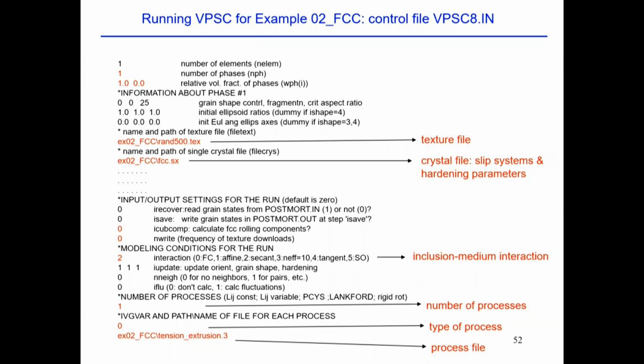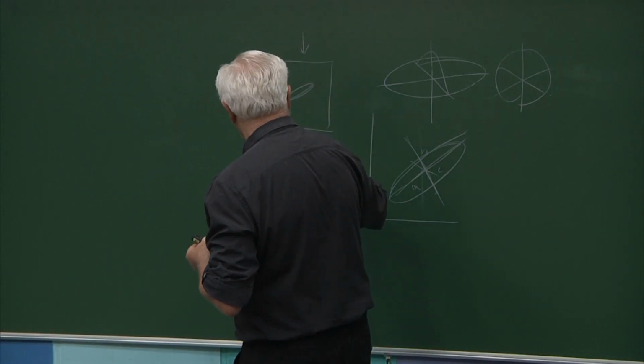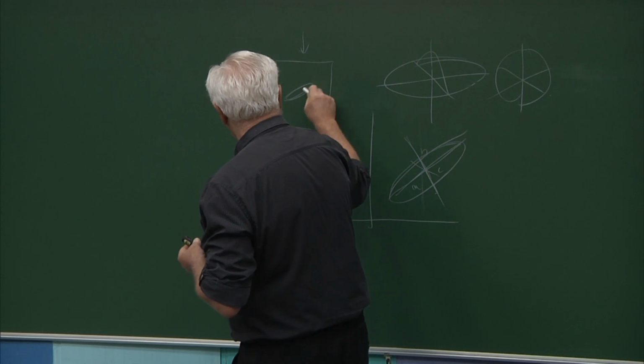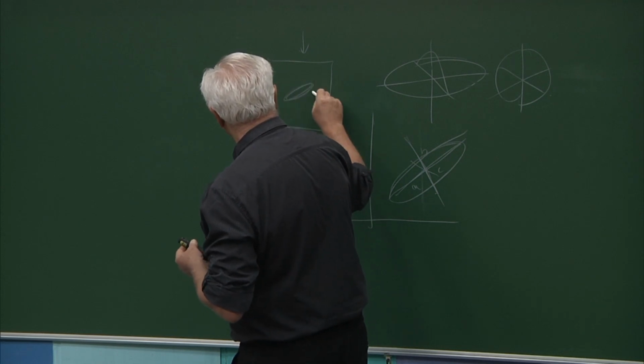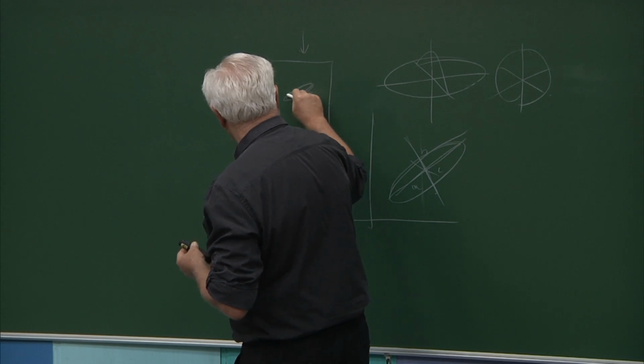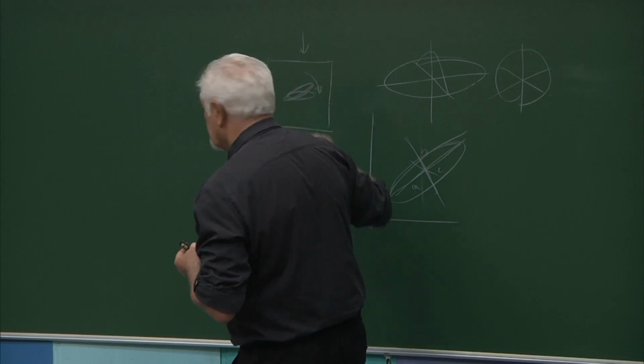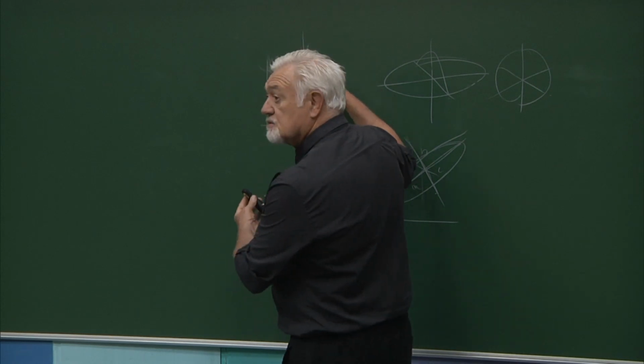For example, one interesting result is the dragging effect. Let's say you have a material with a grain that is elliptical, and you are doing compression. This grain is going to tend to adopt this shape. The shape is going to reorient in this direction because you are doing compression.